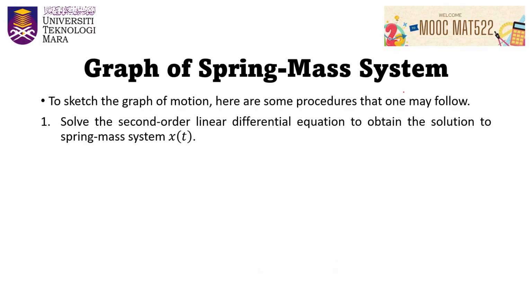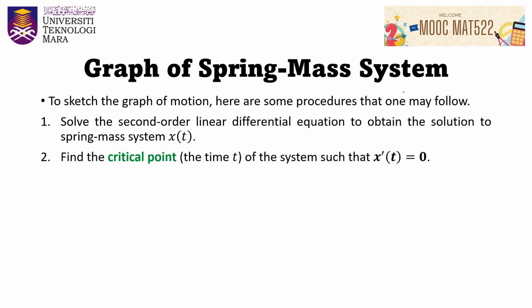In this case, we solve the second-order linear differential equation to obtain the solution to the spring mass system, that is the function x in terms of t. Then we find the critical point for the time t of the system such that x prime t equals to 0. Here, the first derivative computation is required for us to trace the critical point.